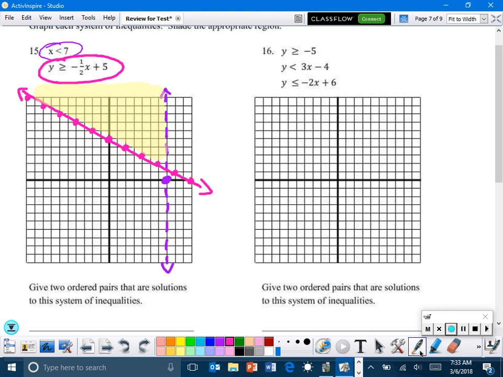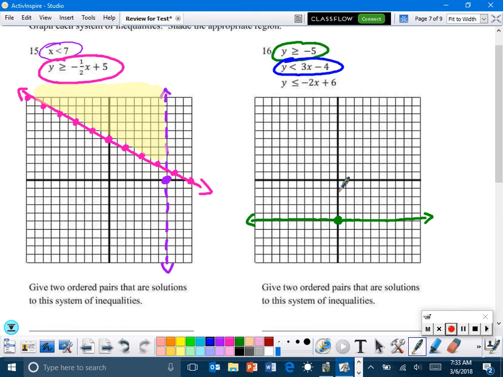All right, moving on. Next one. Y is greater than or equal to negative 5. That is a horizontal line at negative 5. It is a dashed. No, it is a solid line. Sorry, solid line. It's got the equal to on it. When I shade that, I'll be shading above. Next one.